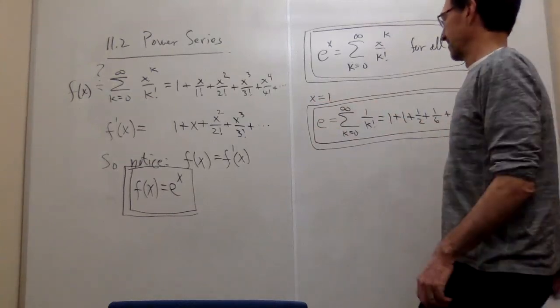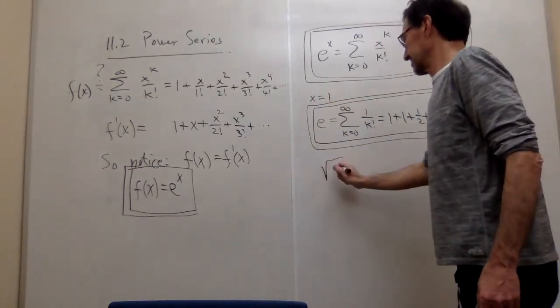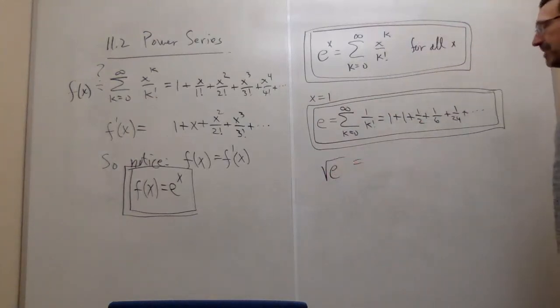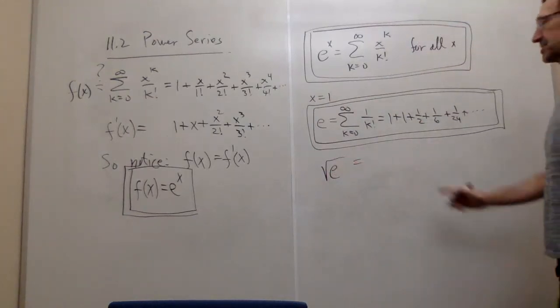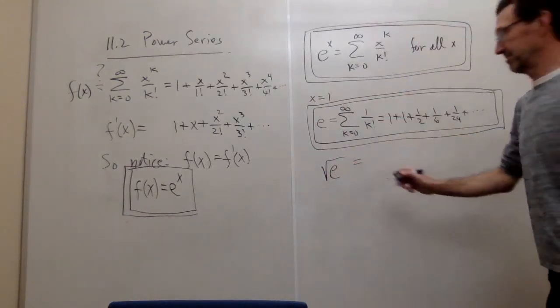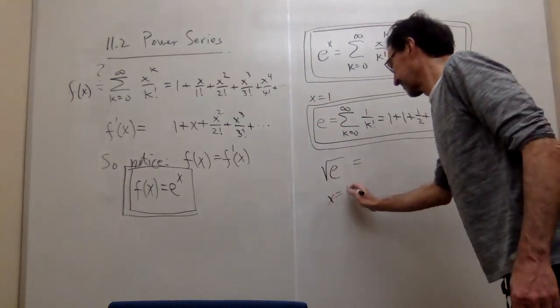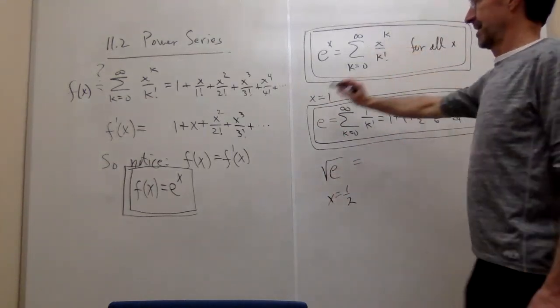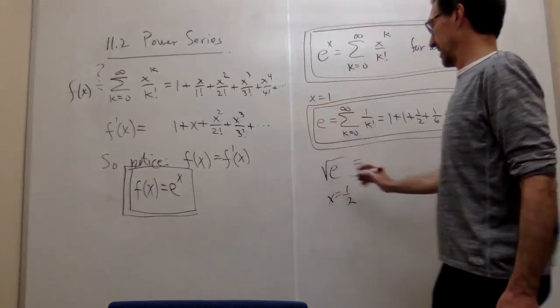Again, we could write series all day long. The square root of e, a series that converges to it, we're just going to pick x to be 1/2. And then we get, let's look over here where we wrote it out term by term.